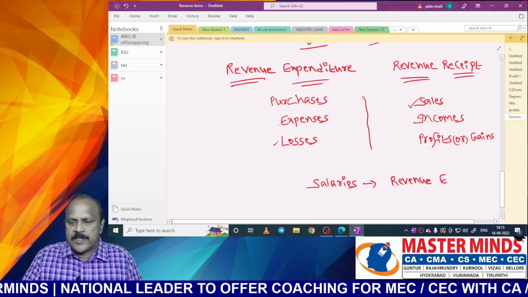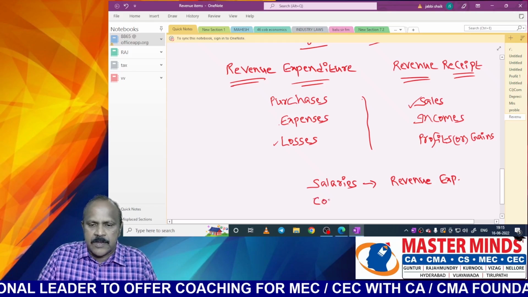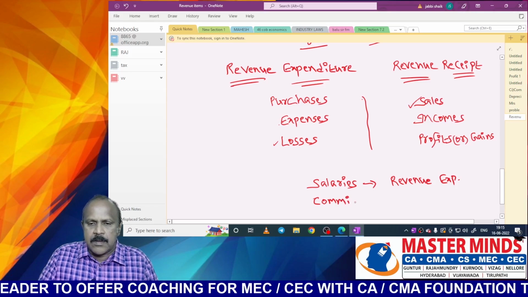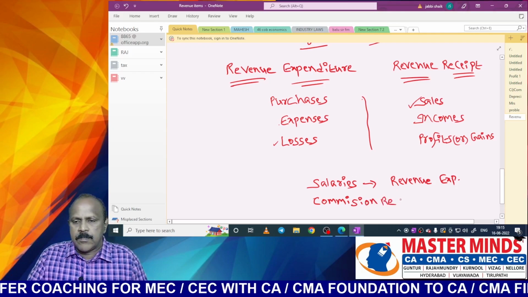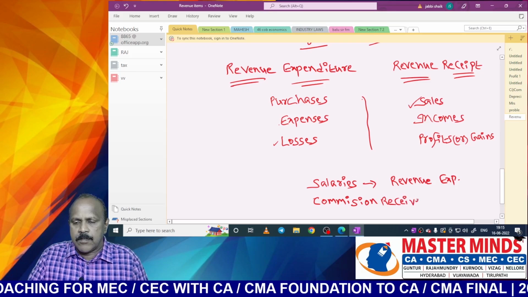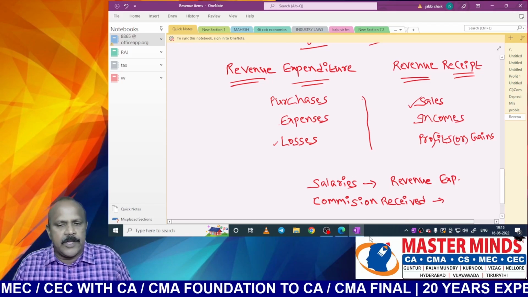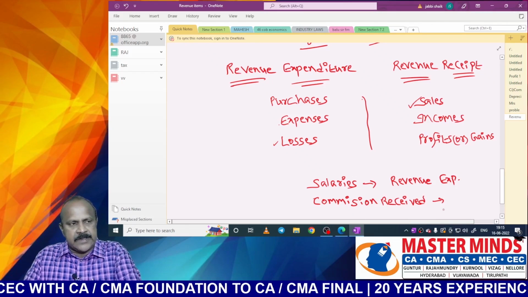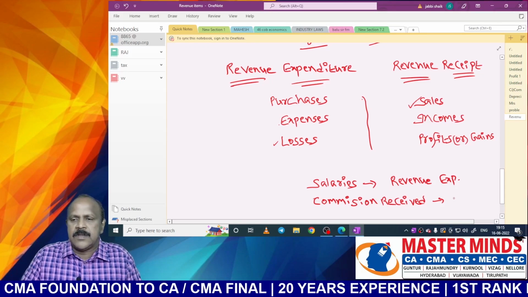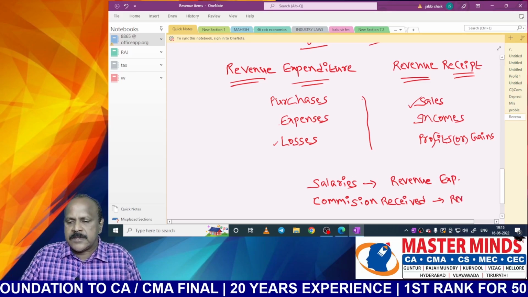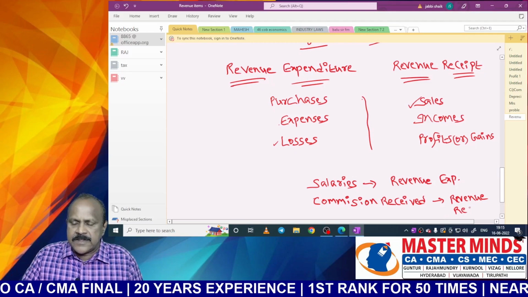When we are given an item like commission received, it's an income, a revenue item. In case of an income, we receive, so it is called a revenue receipt.